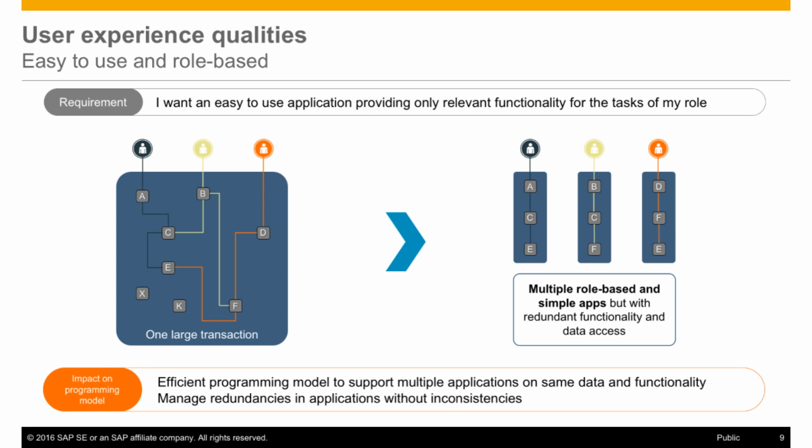If we have multiple applications for various roles, it's quite obvious that these applications are also some kind of redundant, because they have to access the same data and partially also the same functionality. And whenever redundancy occurs, also inconsistency can occur. And therefore, it's a requirement towards our programming model to support the redundancy in building applications without having inconsistency.